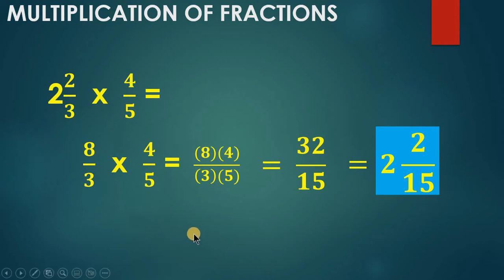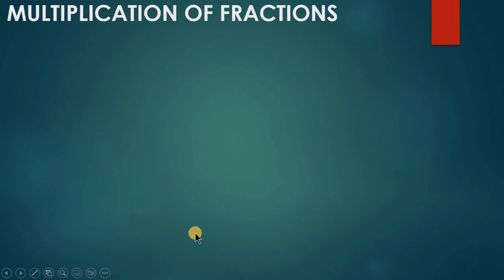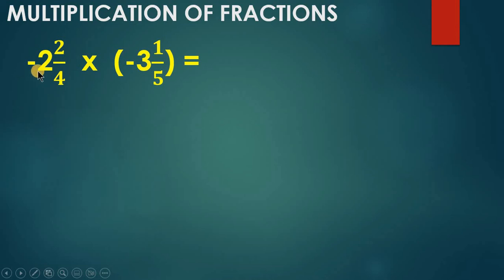Okay, so this one. Ayan. So we have negative 2 and 2/4 multiplied by negative 3 and 1/5. I-multiply natin yan. Pero bago yan, i-express muna natin itong dalawa into an improper fraction.